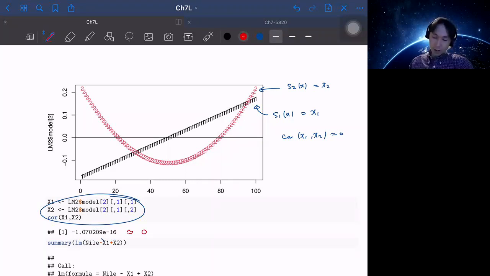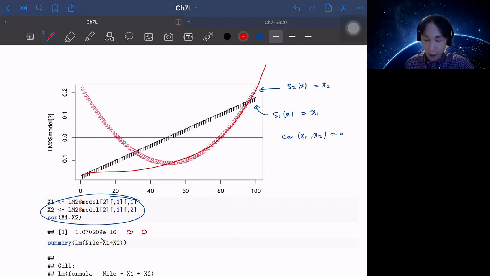In this way, we can separate the effects of the two variables in a better way. If we just use x and x square, then this red curve is somewhat similar to the black one, right?